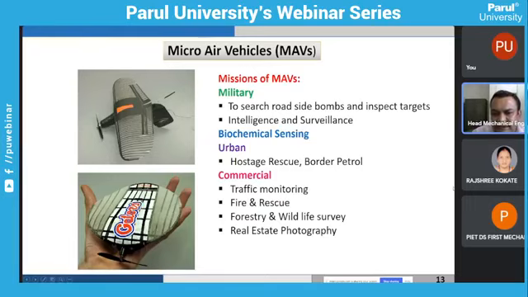They may be used to search for bombs and inspect targets, for intelligence services, even for biochemical sensing. In urban areas, they may be used for hostage rescue, border patrolling, and condition monitoring, as well as commercial uses like traffic monitoring, fire and rescue, wildlife sanctuaries, and real estate photography.